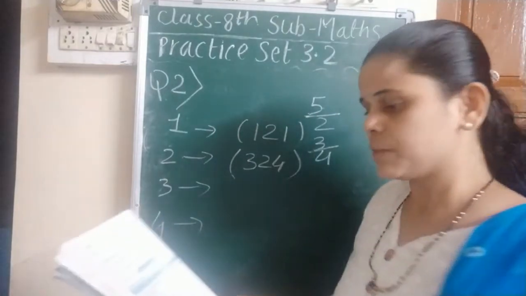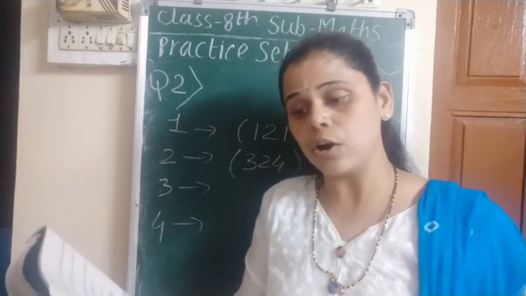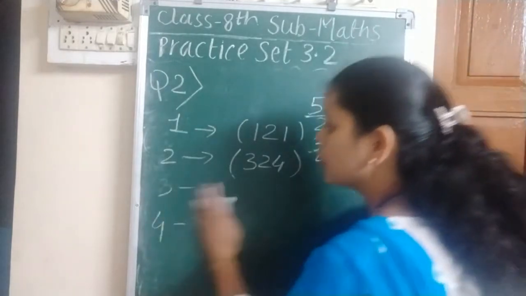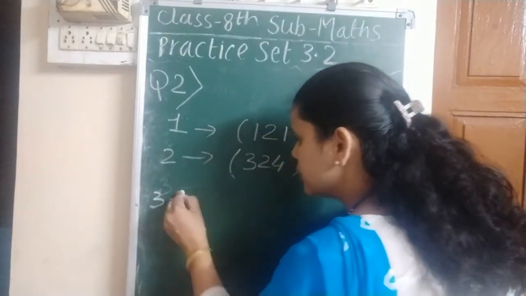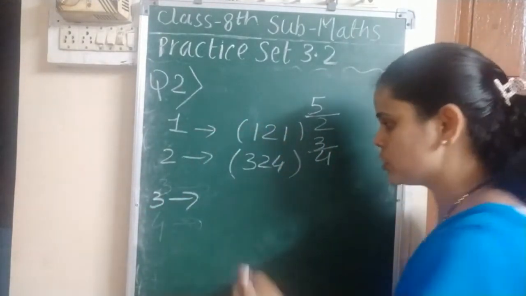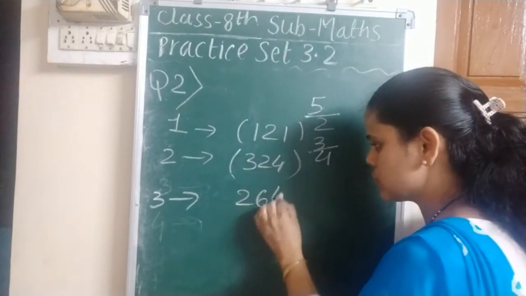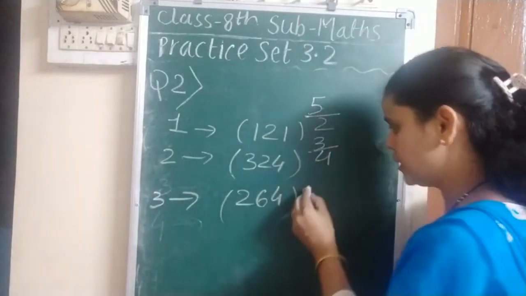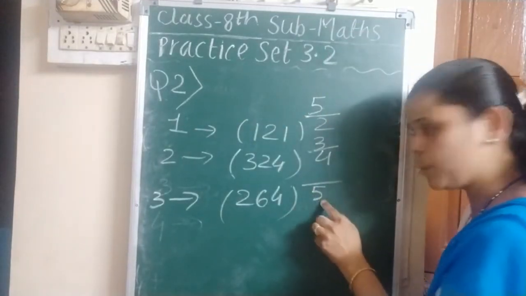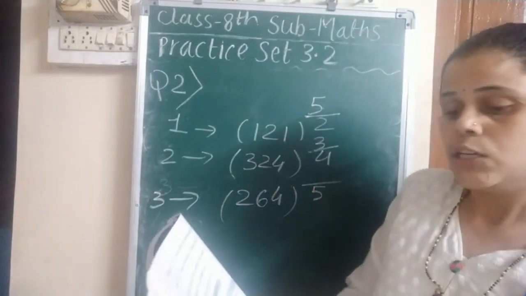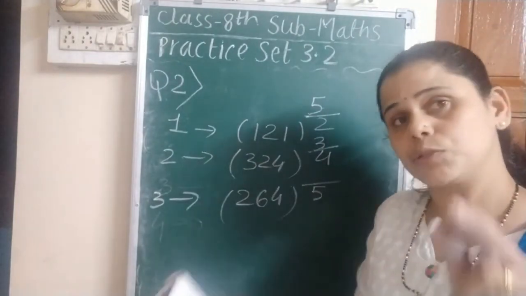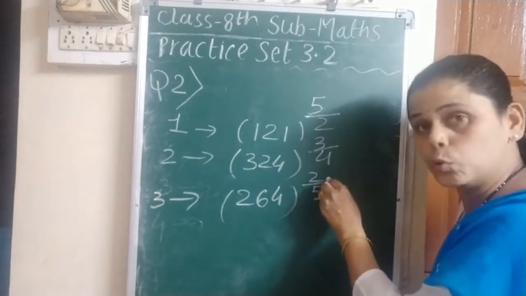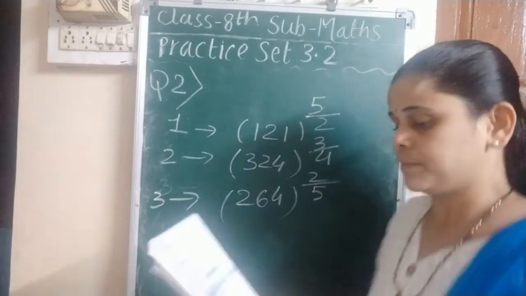Then the third one is 5th root of square of 264. So your base number is 264. And the 5th root, write down this 5th root in the denominator. Square means the power of 2. So your answer is this.